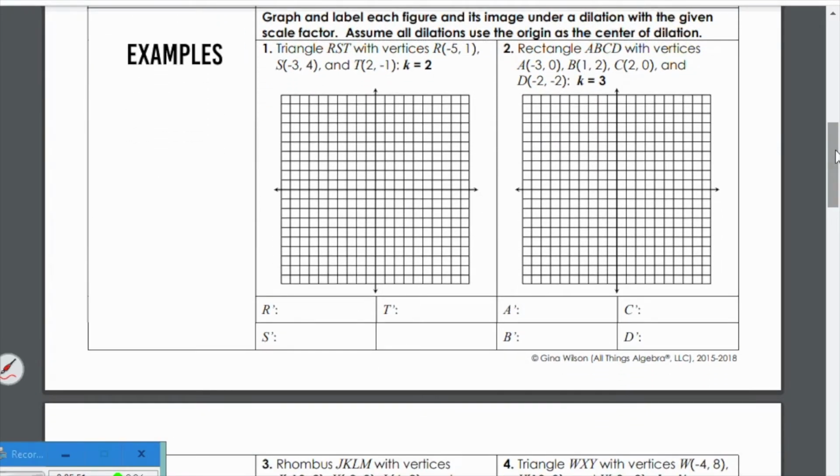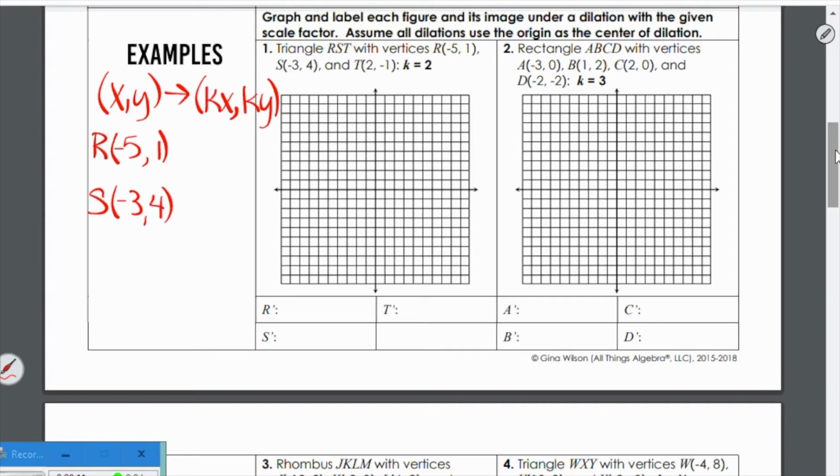So remember that my rule is k times x, k times y. So if my points here are R, S, and T, so R is (-5, 1), S is (-3, 4), and T is (2, -1). Okay, I'm going to use a scale factor of 2. So I'm going to do 2 times every single x value and 2 times every single y value.